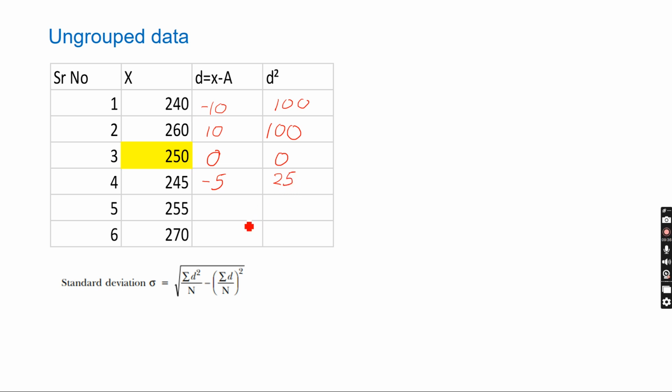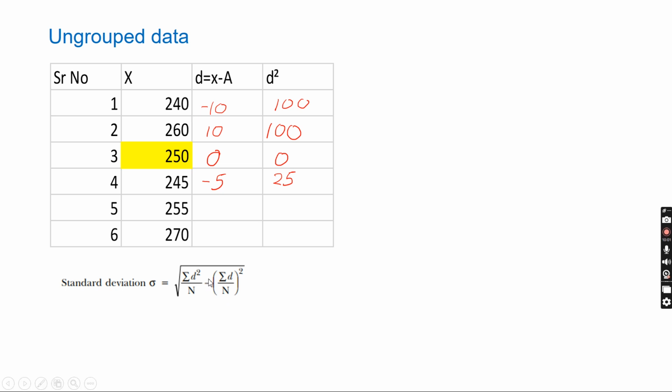Now we need to complete the entire table, and to calculate standard deviation, we have a formula. As I told you, sigma stands for standard deviation. The formula is the square root of summation d square upon n, that is the number of observations, minus summation d upon n, the whole square.